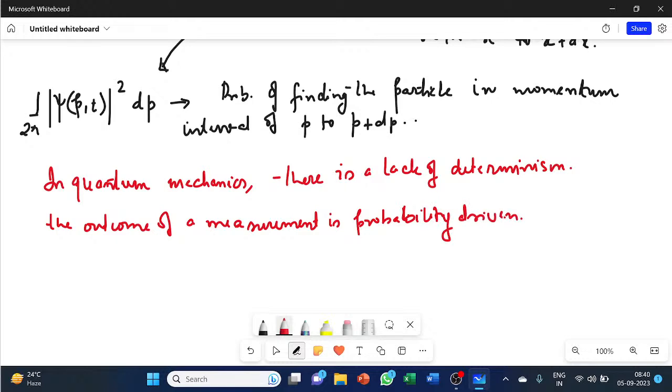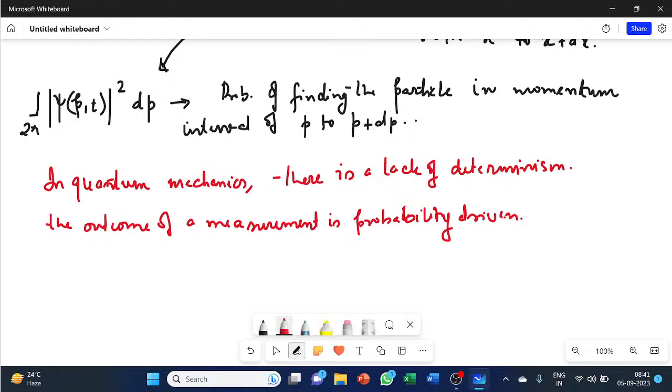Let me explain a little bit about all these things. In general, if I make a certain measurement, then your wave function collapses to a certain state with a probability.